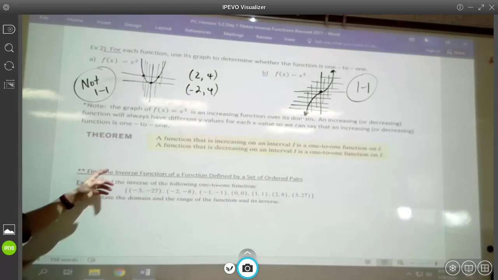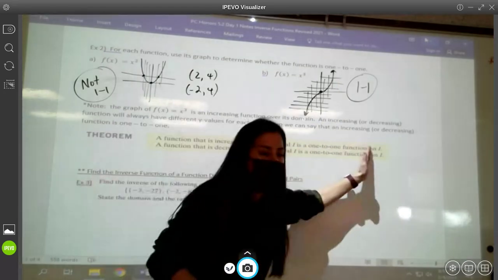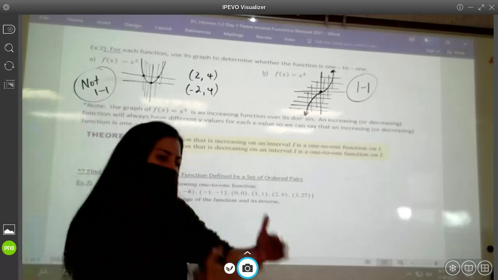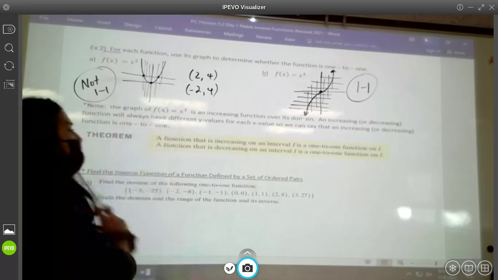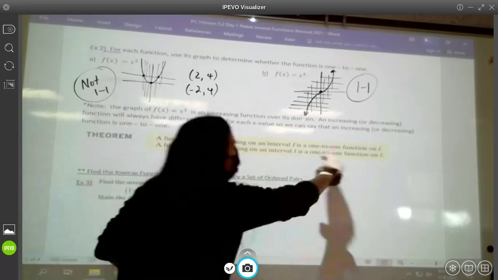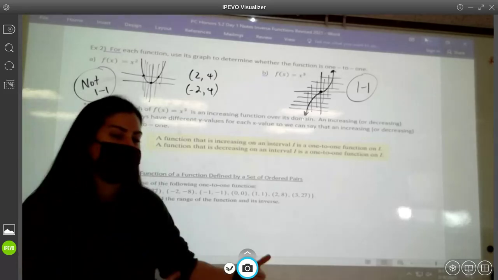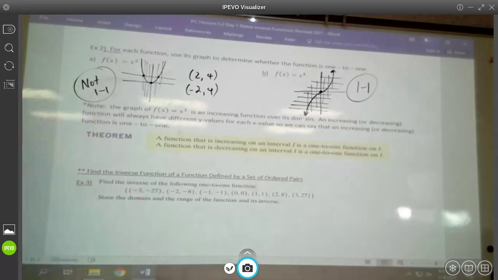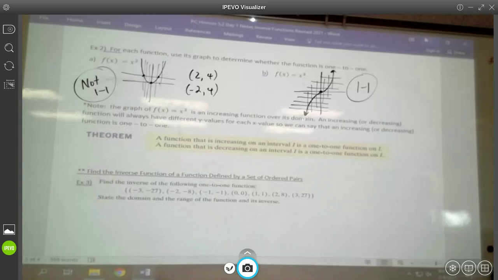So there's a theorem that says a function that is increasing on an entire interval will always be one-to-one. A function that is decreasing, as x gets smaller, y will always be getting smaller, so y will always be changing and not repeating. A decreasing function on an interval will always be one-to-one. As long as it's constantly getting bigger or constantly getting smaller, you can say that that's a one-to-one function for sure. All right, perfect. Now let's put all this to good use.